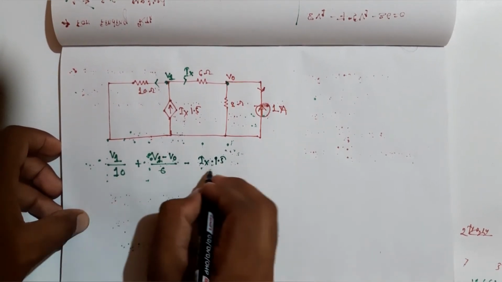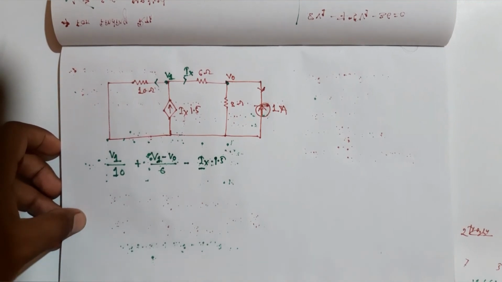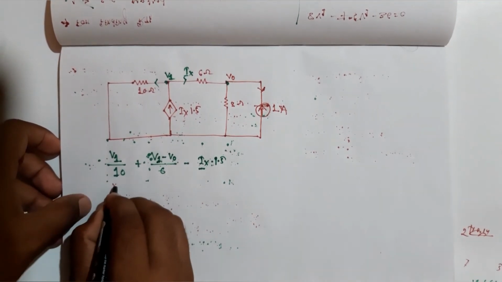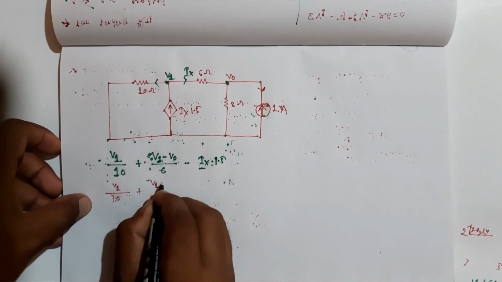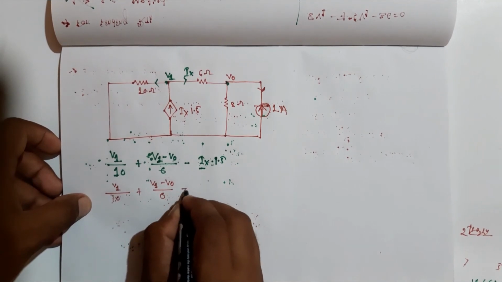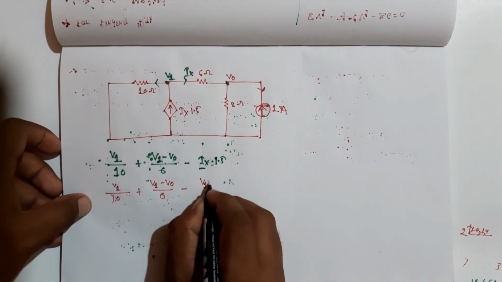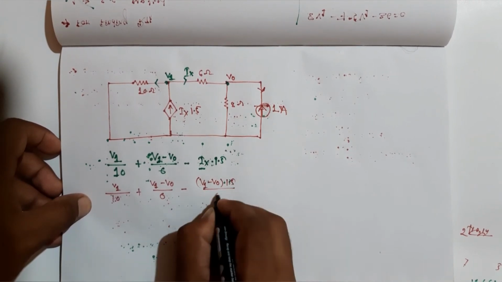We know this IX is V1 minus V0 by 6. We put this value: V1 divided by 10 plus V1 minus V0 by 6 minus V1 minus V0 into 1.5 divided by 6.